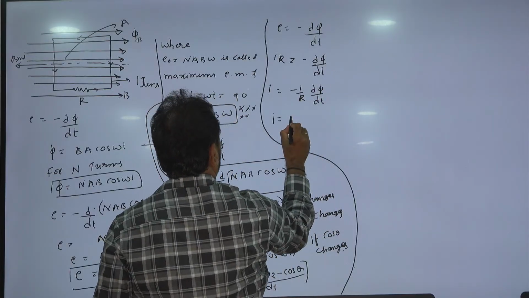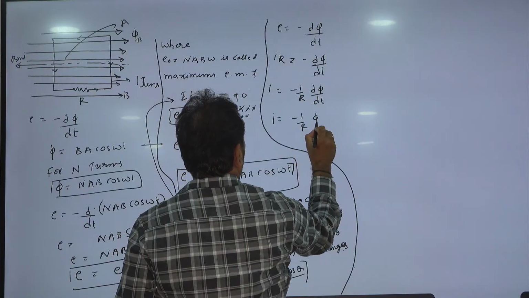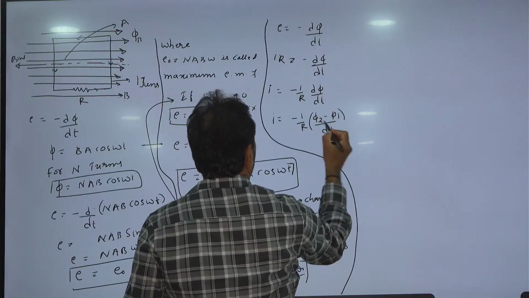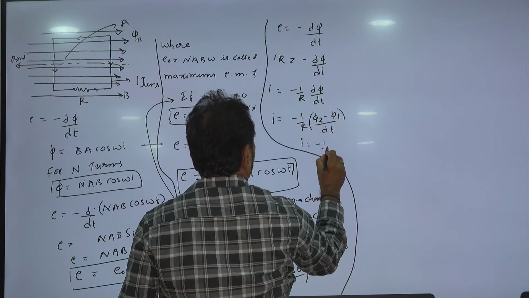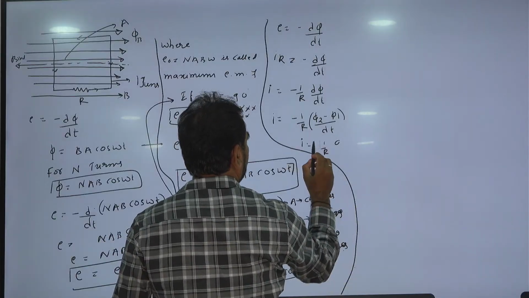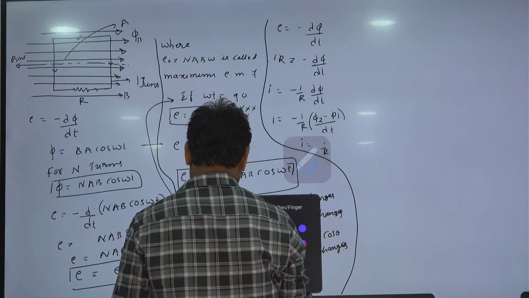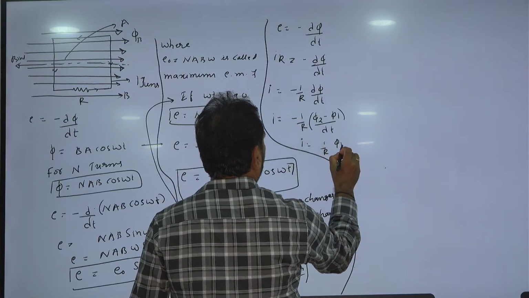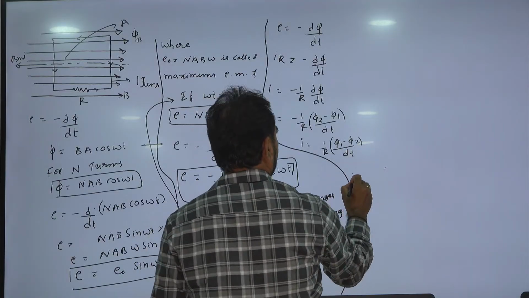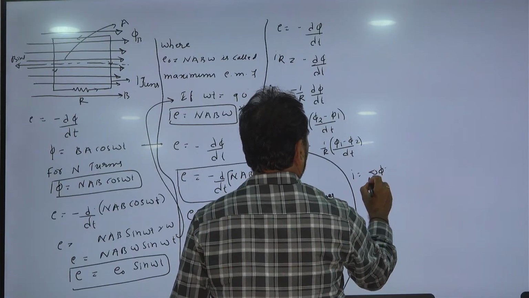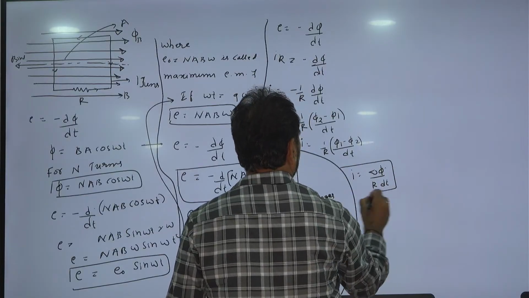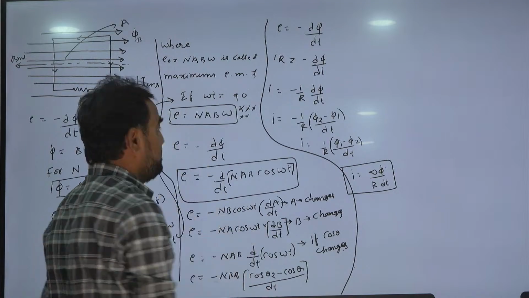This I also write as minus 1 by R into phi 2 minus phi 1 upon dt, or if you remove the minus sign, phi 1 minus phi 2 upon dt. Simply, I is equal to delta phi upon R into dt. This much induced EMF is induced across this coil.